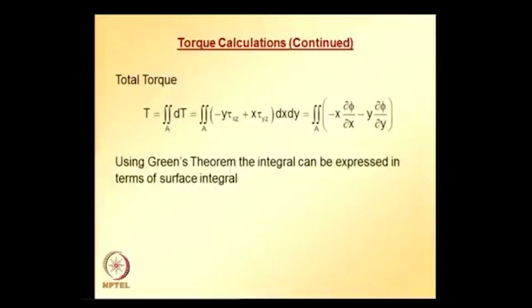Using Green's theorem, the integral can be expressed in terms of surface integral. We have already looked at Green's theorem formulas. So, using those we can write this equation, and we also know that the essential boundary condition states that stress potential phi is equal to 0 on the boundary.